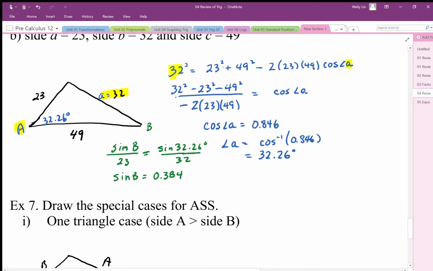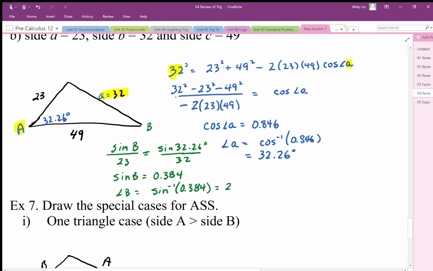And then inverse sine of that, so angle B is equal to the arc sine of 0.384. That angle works out to be 22.56 degrees.